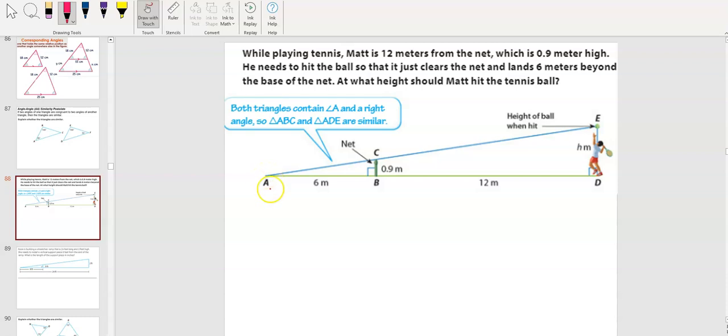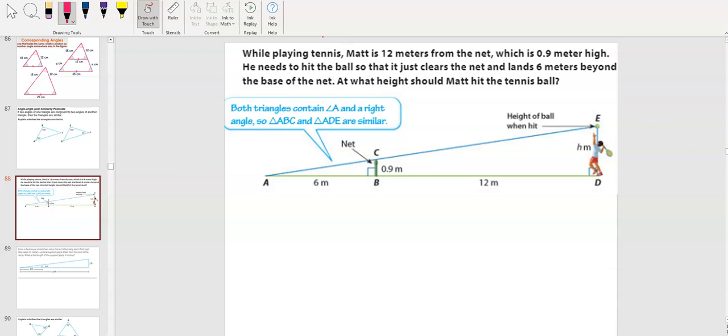Because we know that A is the same in both triangles because they both share this point, and we know that both the net and Matt, the measurement of this vertical line here by Matt, are 90 degrees, we know that they're similar triangles, so we can start messing around with these. We also know that similar triangles have proportionate side lengths, so we're going to use that information to figure out the height that we need, okay?